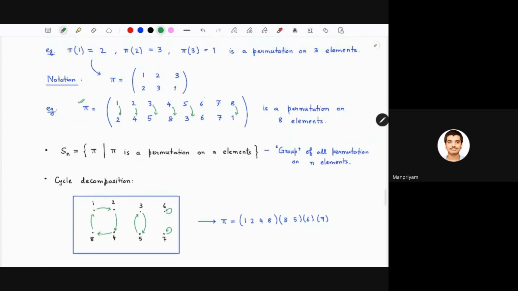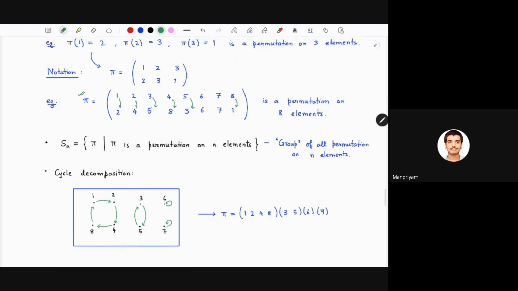So any permutation can be partitioned in terms of these cycles. You have this cycle, you have this cycle, and these two tiny cycles. And there's a nice notation for it. A permutation like this says that 1 goes to 2, 2 goes to 4, 4 goes to 8, 8 goes to 1, 3 goes to 5, 5 goes to 3, and 6 and 7 remain fixed.